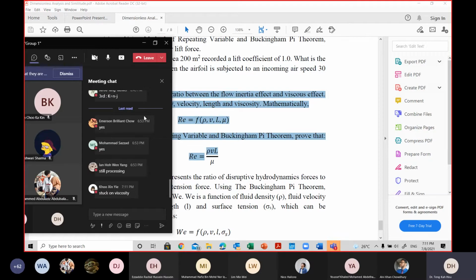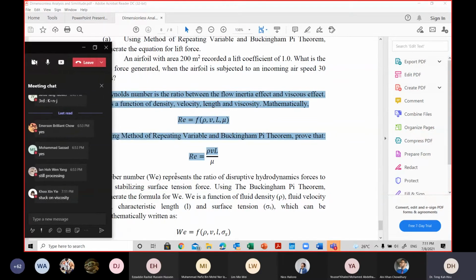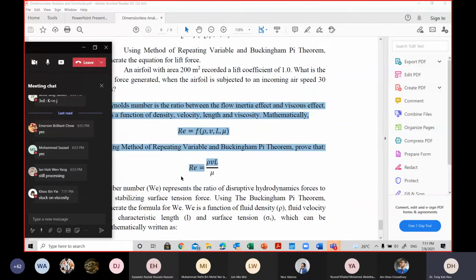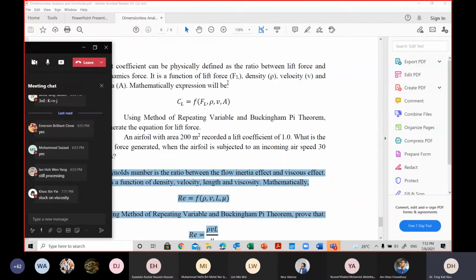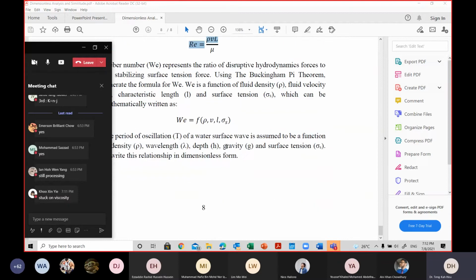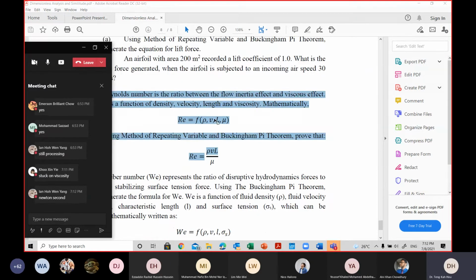If you ask me where to get it, I can only say get yourself familiar with these common parameters like viscosity, surface tension, velocity, density, force. Get ready with that, because you don't know what the question will ask you, and there's nowhere for you to check. So, Newton second. Yep. Just solve it, and then it should be fine.